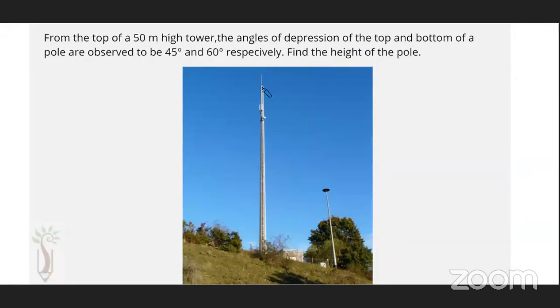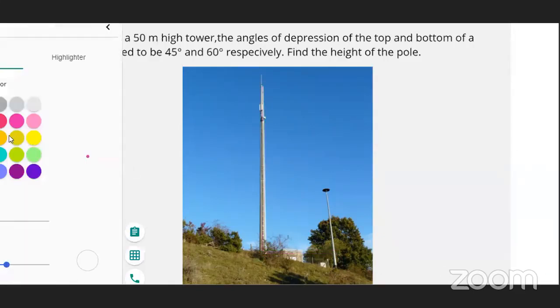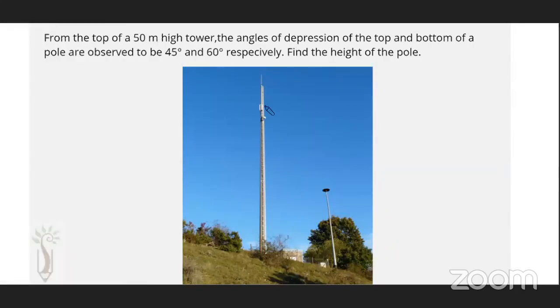Just check whether you got the same thing or not. Oh, they are not on the same level. Okay. It should be more like this.